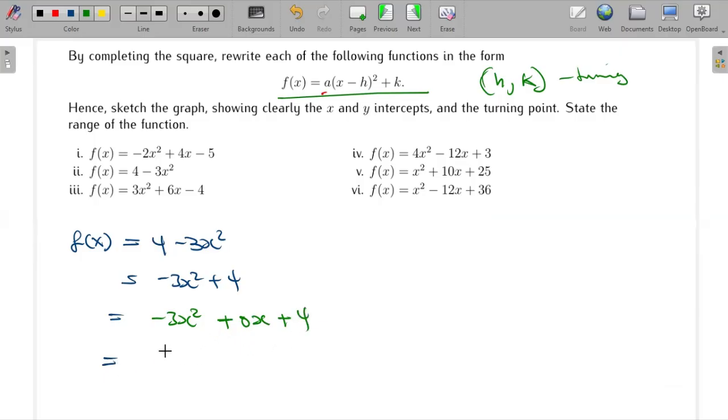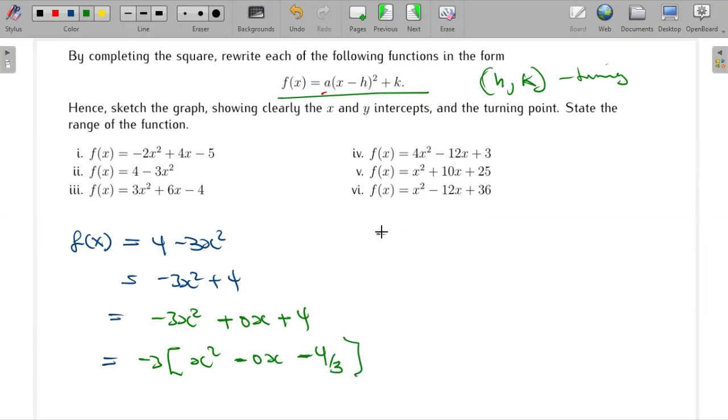Then you can factor out that negative 3, you get x squared minus 0x, which doesn't change anything, it's still 0, and then negative 4 over 3. So this is what you get.